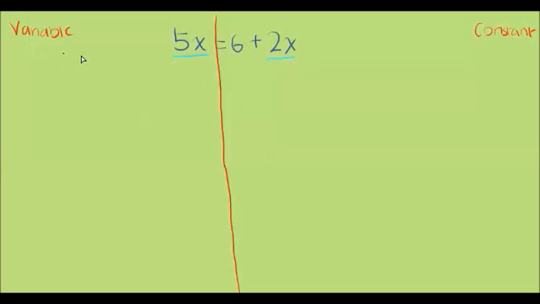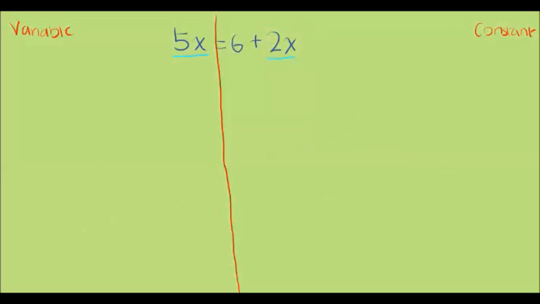To get the variable on the left side of the equation, we need to get rid of the 2x on the right side, because we need to get all the variables on one side and all the constants on the other side. In this case, I chose the variable side as the left side and the constant side as the right side.